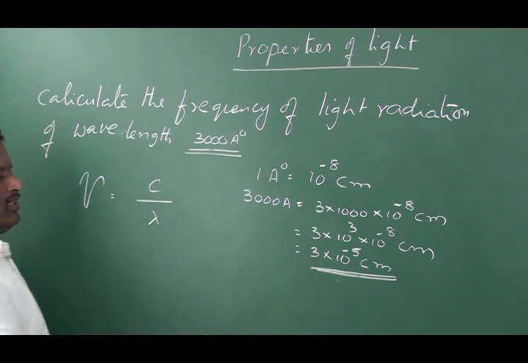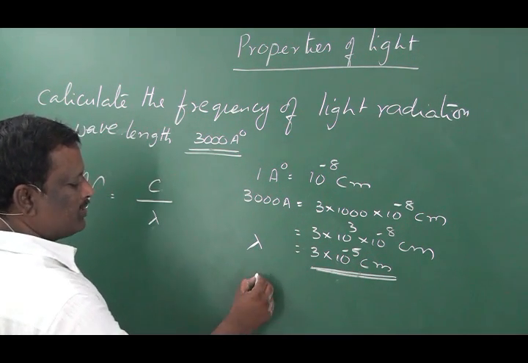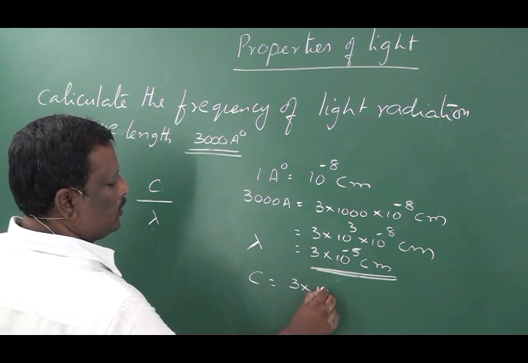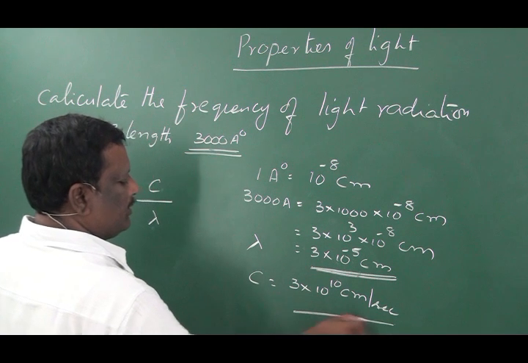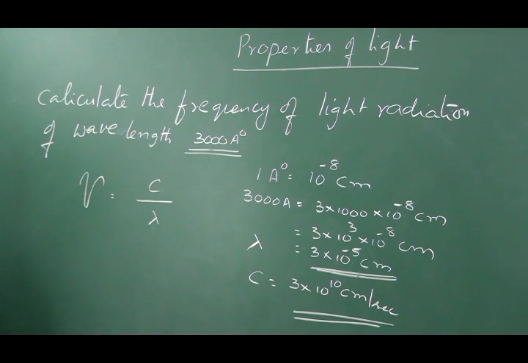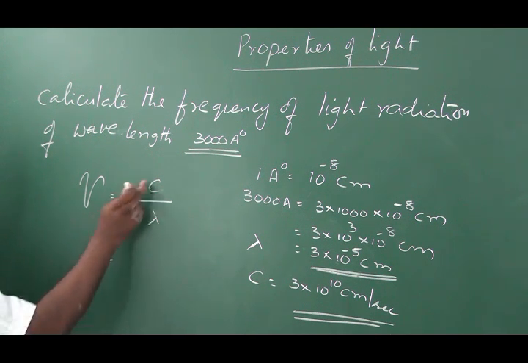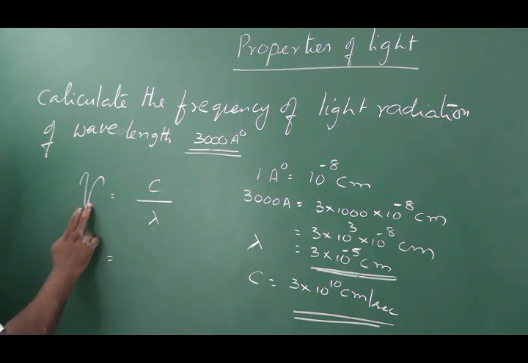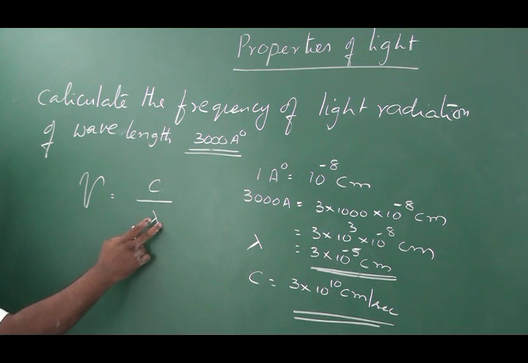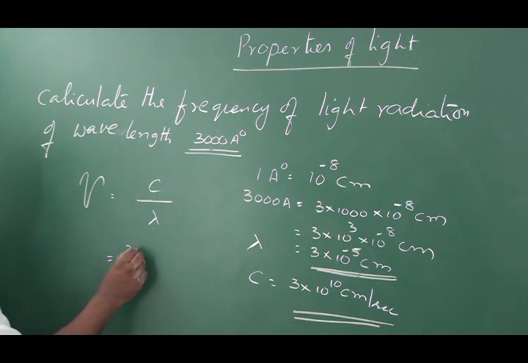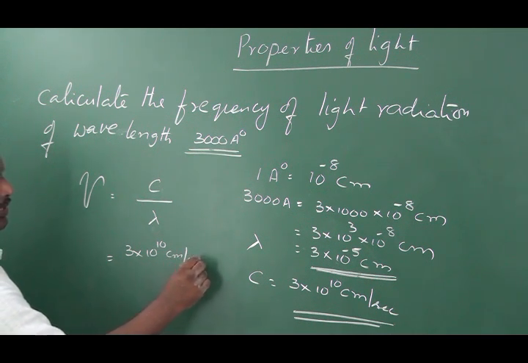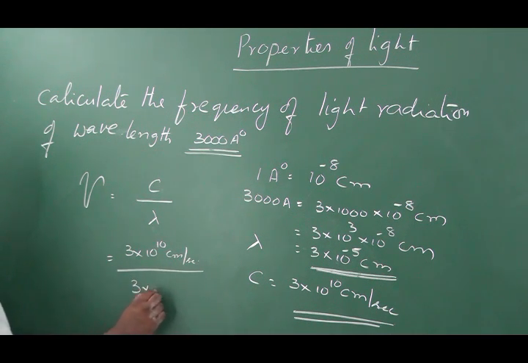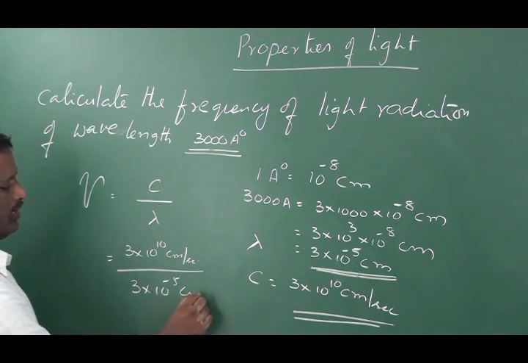Then the velocity of light, C, is equal to 3 into 10 to the power 10 centimeters per second. Now, substitute the C and lambda values in this expression. Nu is equal to C by lambda, where C is 3 into 10 to the power 10 centimeters per second, and lambda is 3 into 10 to the power minus 5 centimeters.